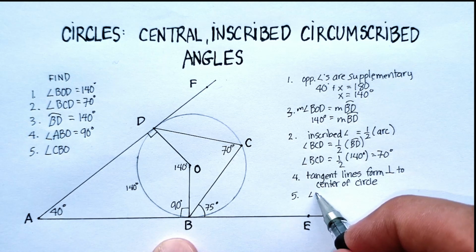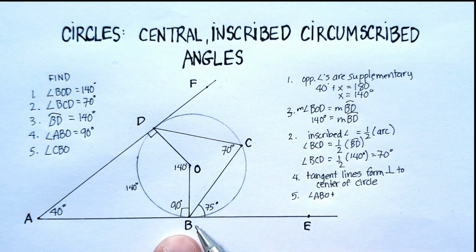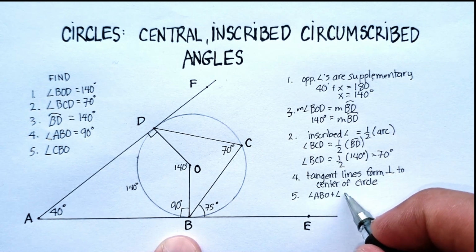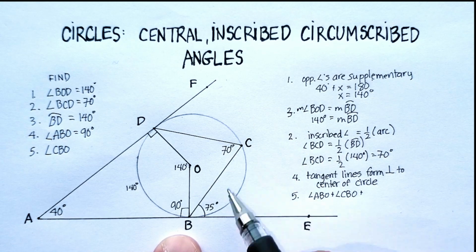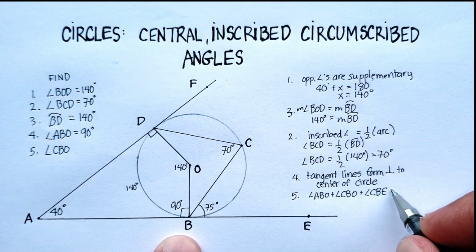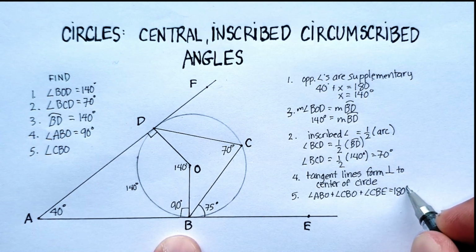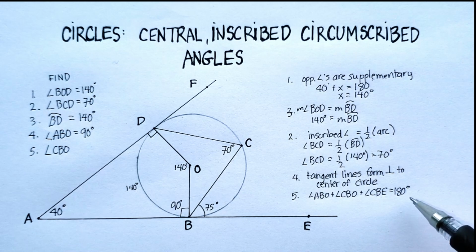ABO plus angle CBO is what we're looking for, plus angle CBE equals 180 degrees. And again, that's because straight lines form 180 degrees.